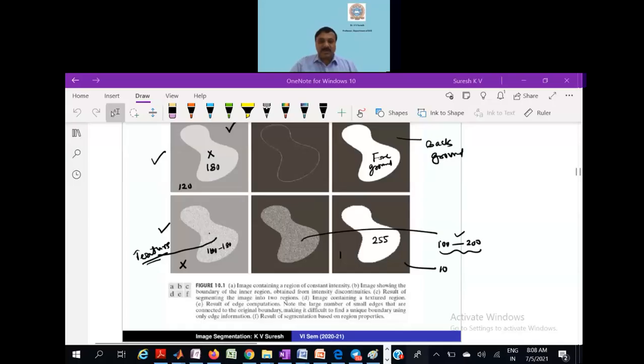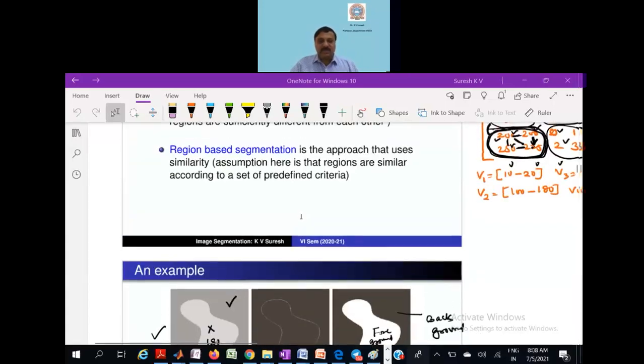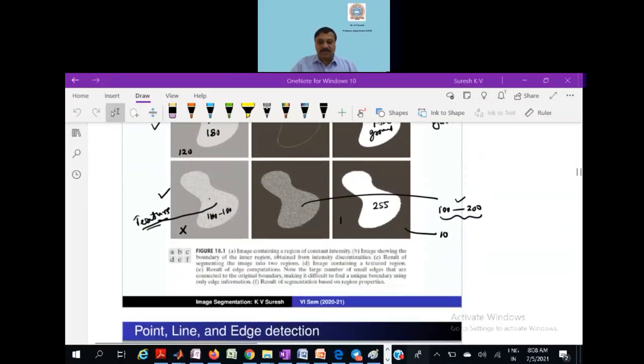In such a case, it's better to put a condition that as long as the range of pixels is within some range, you still decide it to be foreground. Then it is easy for us to segment it. So what we understood is that a combination of these two would give a better result.